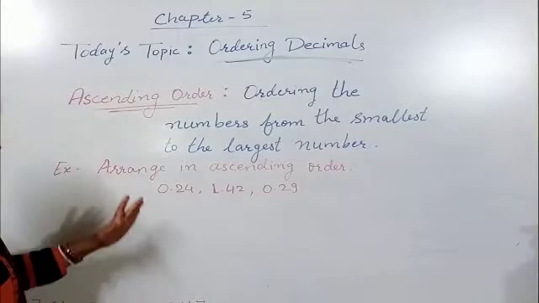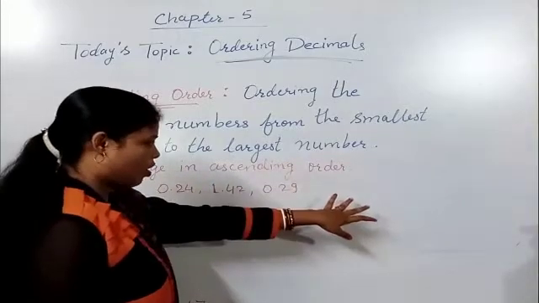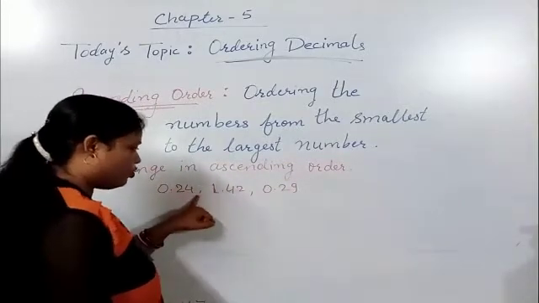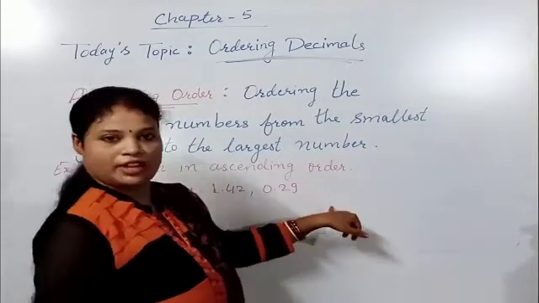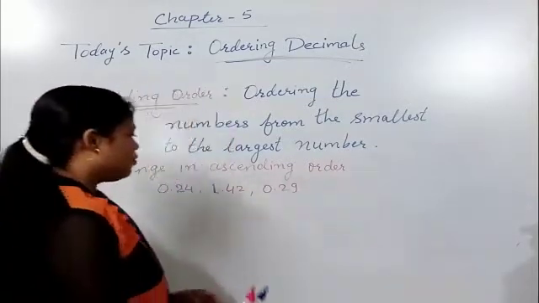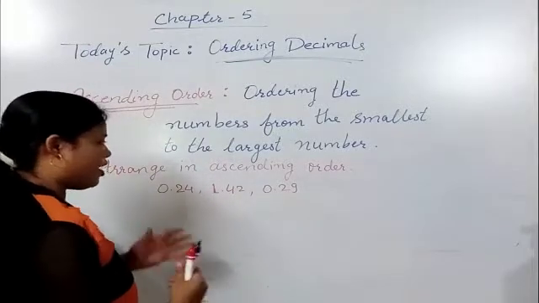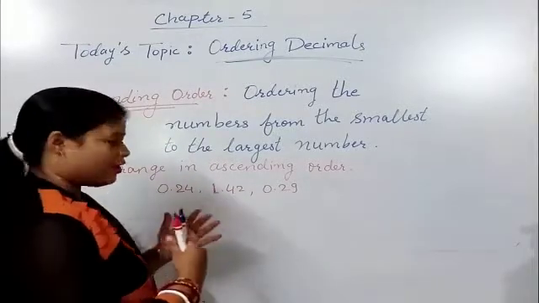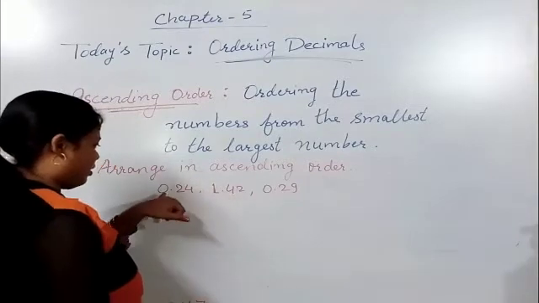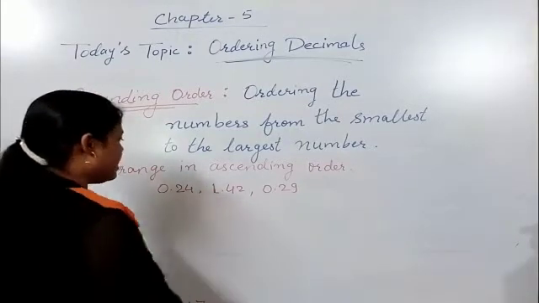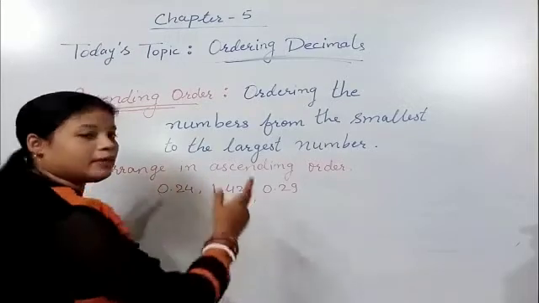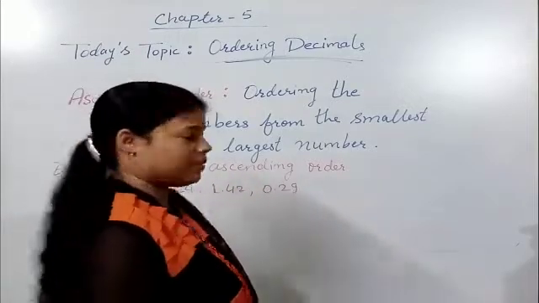Here is your example: arrange in ascending order 0.24, 1.42, 0.29. Now we have to compare them with each other. First we'll see before the decimal, which means the left side of the decimal.